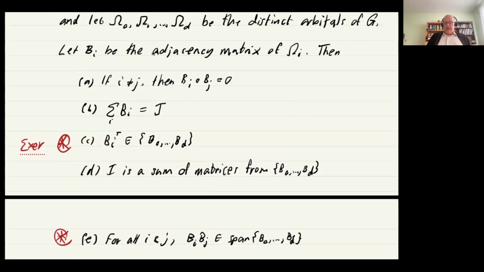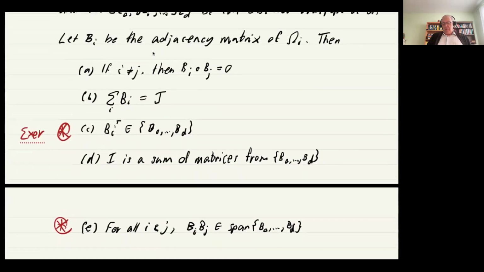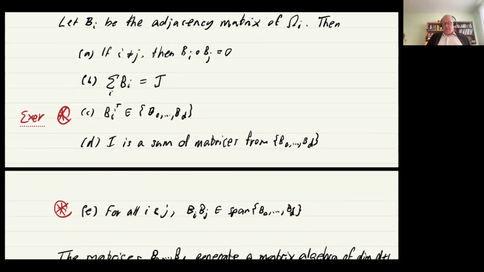If I'm dealing with the orbitals of a group, then these 2 conditions hold. So what I propose to do is take this collection of 5 conditions as axioms, and the set of matrices that satisfy those axioms is what I will call a coherent algebra.